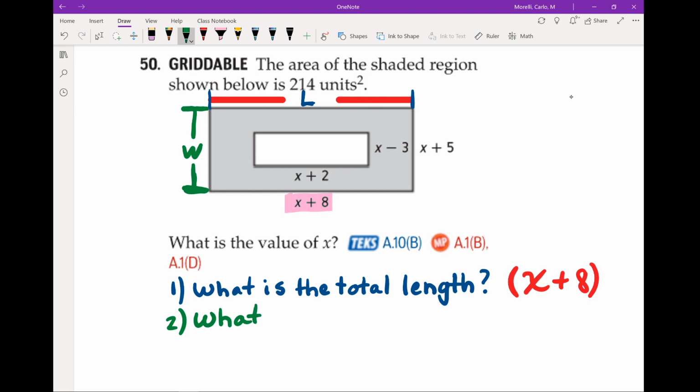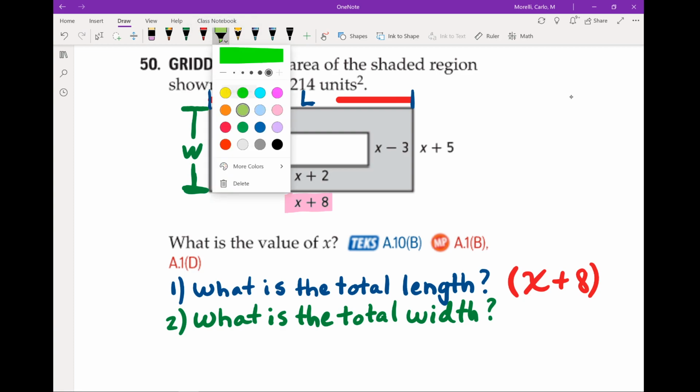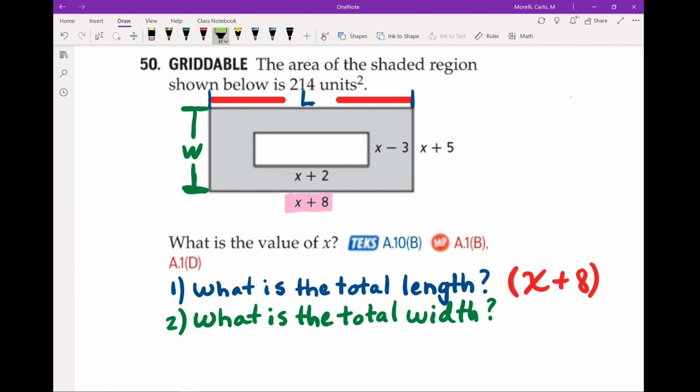The length is X plus 8, and the width is X plus 5.